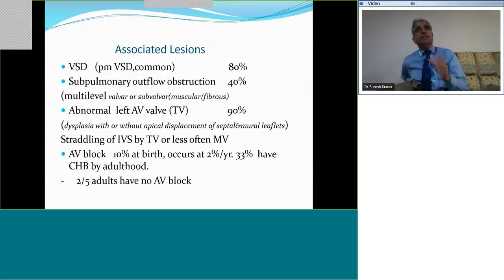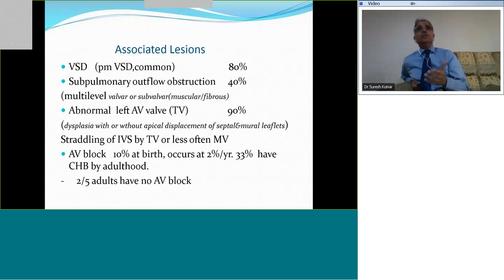It is so common to have associated lesions in corrected transposition. VSD happens in 80%, subpulmonary outflow obstruction in 40%, an abnormal left AV valve or the tricuspid valve in 90%. These are common things. The VSD, when present, is usually perimembranous, but other locations, multiple VSDs, they can also occur.